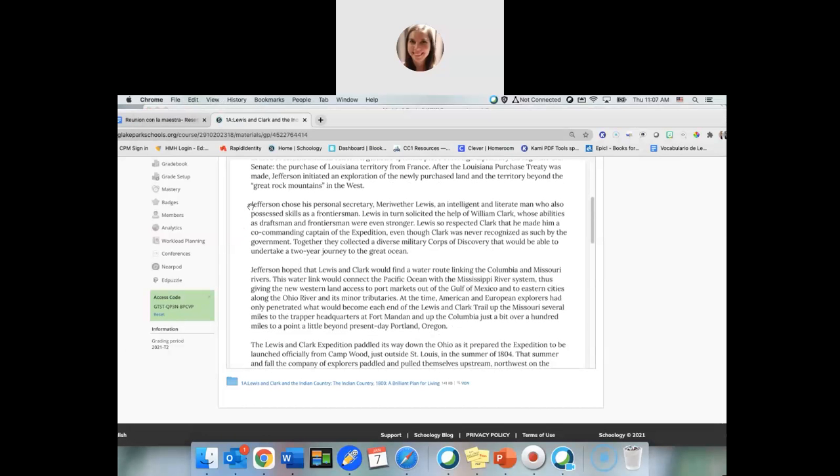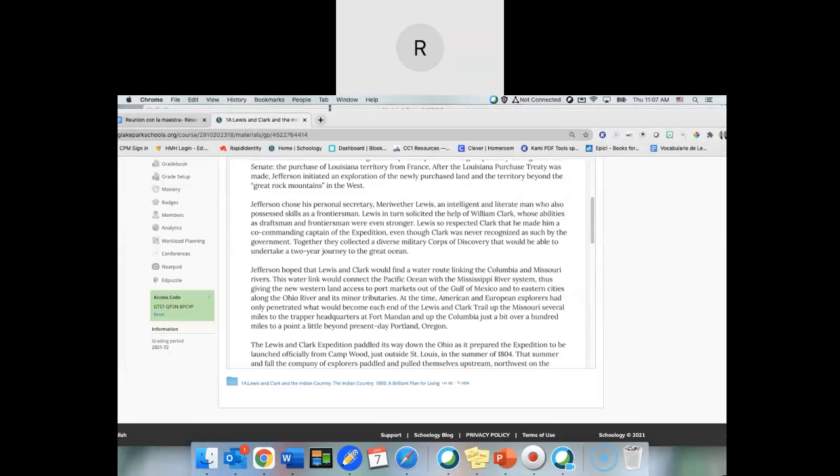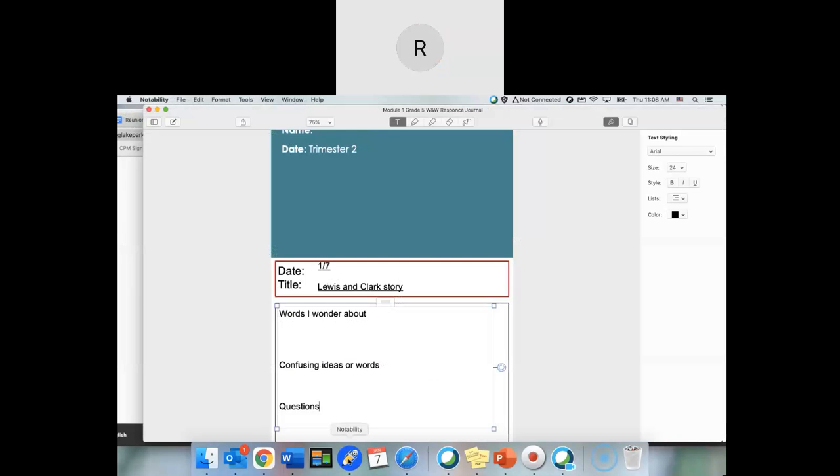So what we're doing, sorry, I have people that are just coming in. What you're doing right now is writing in your response journal, which we just got from Schoology: words you wonder about, confusing ideas or words, or questions. Okay, I'm going to continue reading. So write down words or questions you have. Wait, I thought I wrote that down in the knowledge. Yes, you did. That's right.